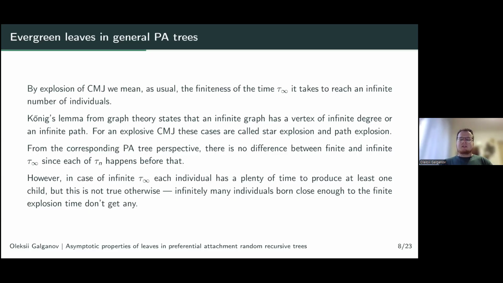Infinitely many individuals born close enough to the finite explosion time don't get any children at all. So this explains the equivalence of CMJ explosion or non-explosion and finiteness or infiniteness of the number of Arabian leaves.